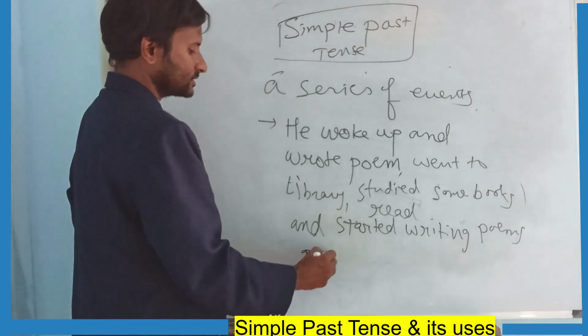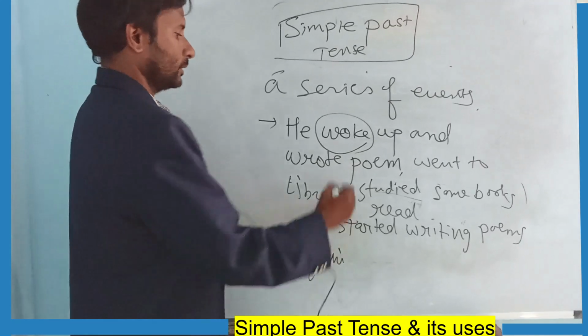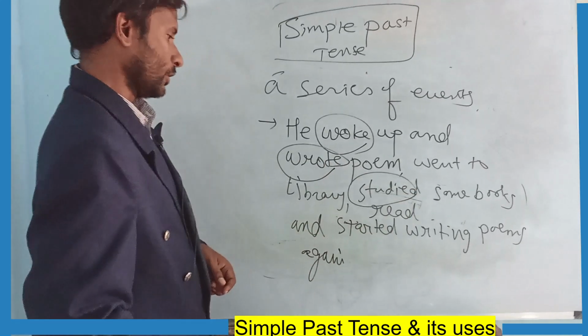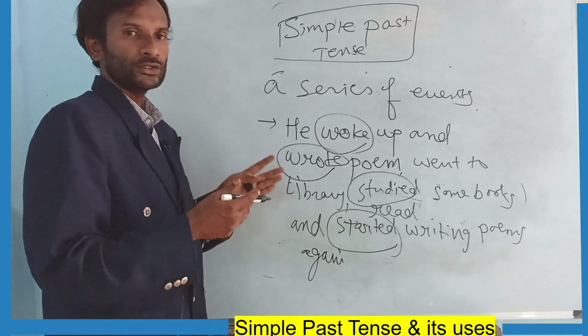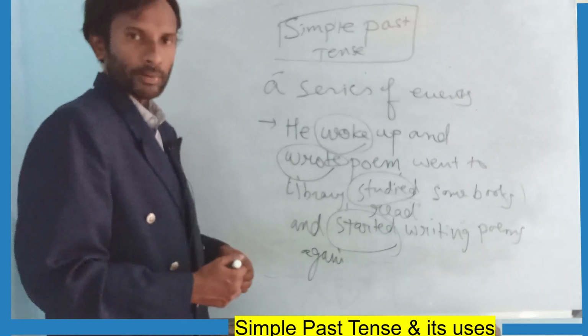This is a series of events. Now V2: wake, woke. Okay, write, wrote, V2. Study, studied, V2. Okay, started, V2. So these V2s are used to tell a series of events that happened in the past.